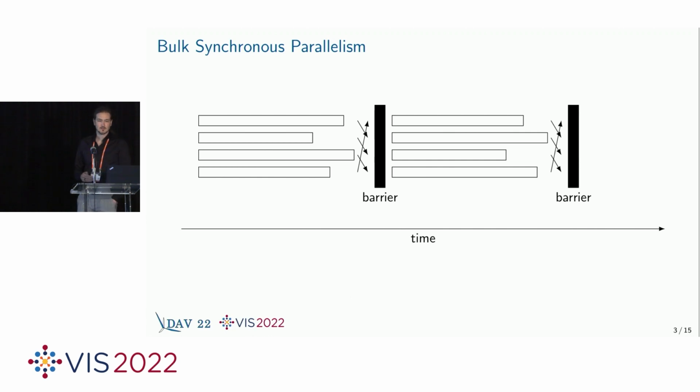Here we distribute our work across processes. These processes then execute. There might also be some communication between those processes, but ultimately they synchronize at a barrier before the next super step. However, this may lead to some inefficiencies where some processes finish earlier than others and the resources allocated are unused.